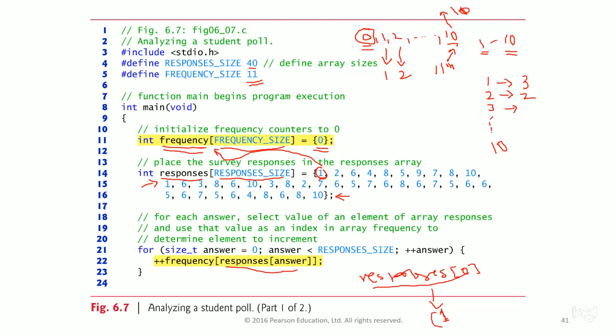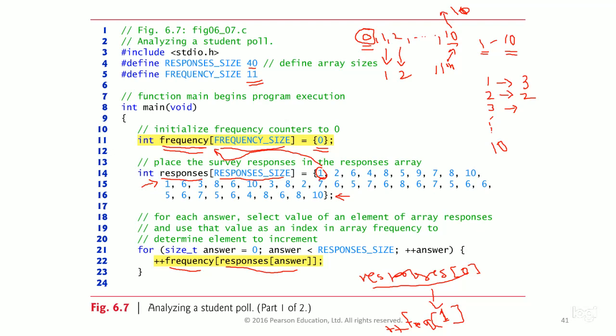What we do is we take this 1 and we increment the value at frequency index 1 by 1. So it was originally 0, then we increase that to 1.